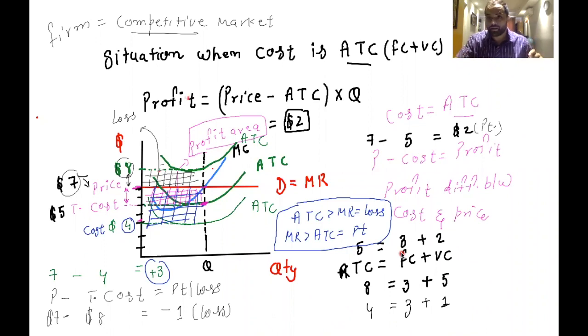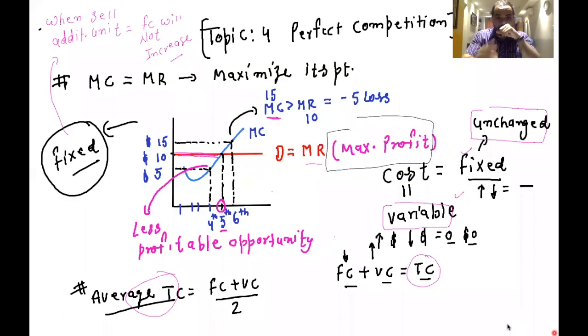But if cost increases but we cannot increase the price, I hope you understand why we cannot increase the price. Example is here. 4 to 5, 5 to 6. We cannot increase the price above 10 if you see here, because there is no demand. If you increase the price, nobody will buy. So that's why price is 10, which is fixed. That's where the demand curve is horizontal, all right?